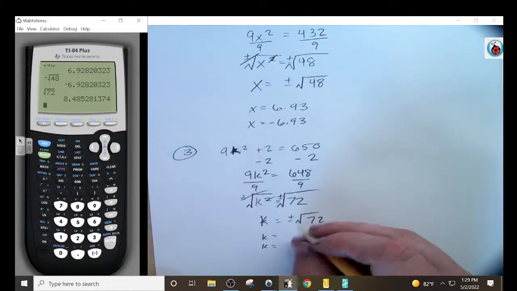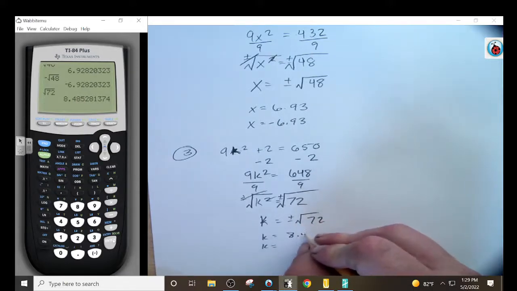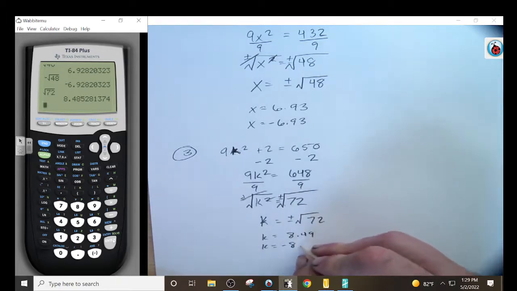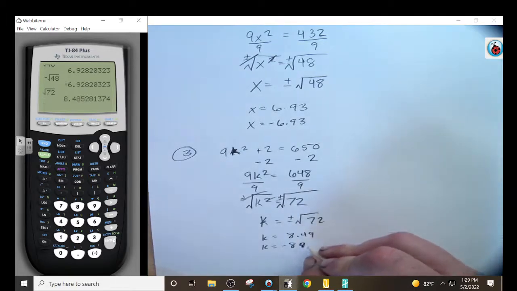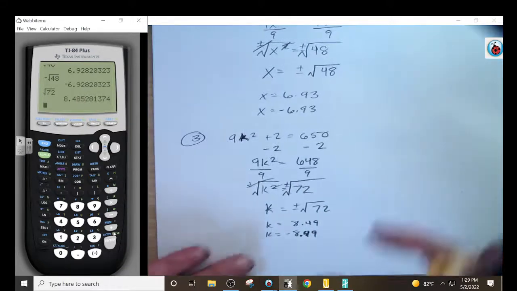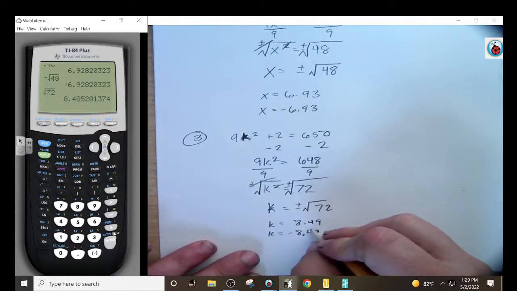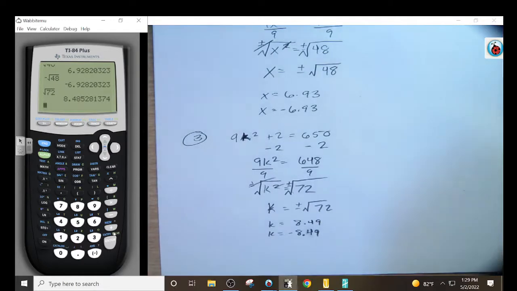The thousandths place is a 5, so that's going to round the hundredths place up to a 9. So it's 8.49. And then, of course, it's going to be negative 8.49 because it's plus or minus that. All right, so that's solving by square roots.